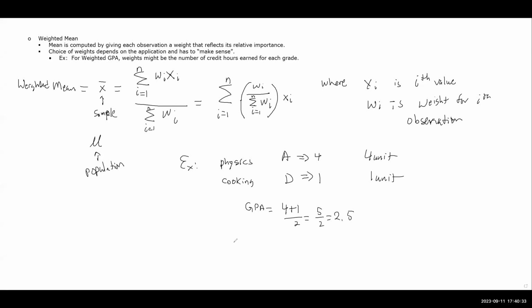Okay, specifically, the student is like, think about it this way. For this semester, I took a total of 5 units. And it's like I have an A for unit 1, an A for unit 2, an A for unit 3, an A for unit 4, and a D for unit 5.